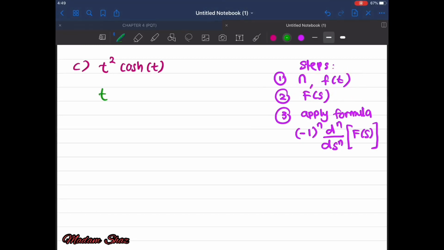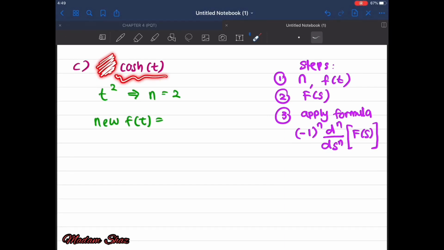From t the power of 2, our n is equal to 2. Our new ft is any other function except the t the power of n. So we ignore t the power of 2, and cos h is our new ft.